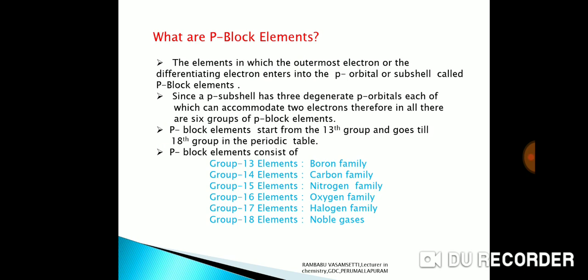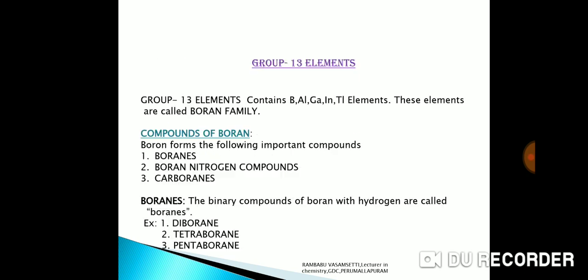Regarding the diborane, it is a compound of boron, that is, it belongs to group 13. Group 13 contains boron, aluminium, gallium, indium, and thallium. These are called the boron family.